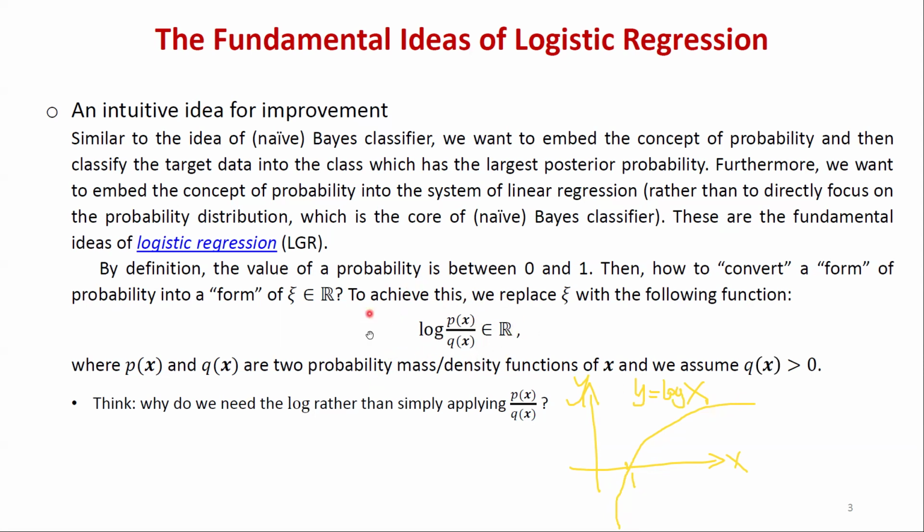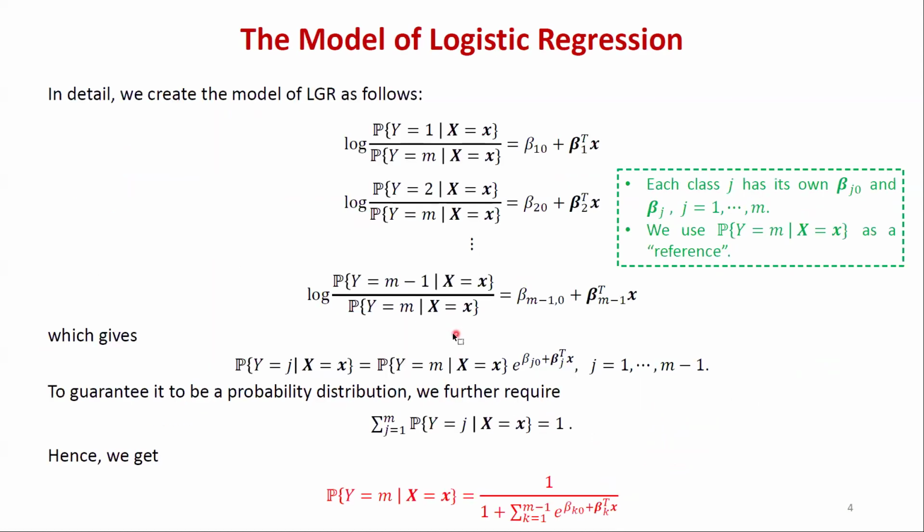Hence, this one belongs to R. And the good thing is I involved two probability density or probability mass functions, Qx and Px. So that's how we make it. Be careful, you cannot only make it Px over Qx. Why? Because Px over Qx has domain 0 to positive infinity. It does not include negative infinity, does not include the negative part. That's why we did log, okay?